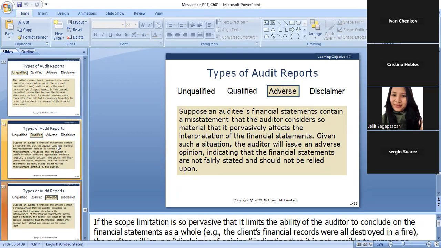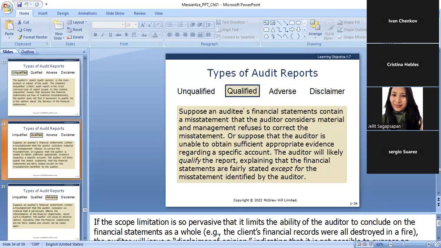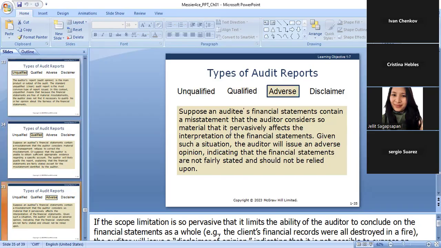That's not the case here, but management refuses to change it. Where here, we have a misstatement that pervasively affects the interpretation of financial statements. Management is not even involved here. In that case, we are giving the adverse opinion.